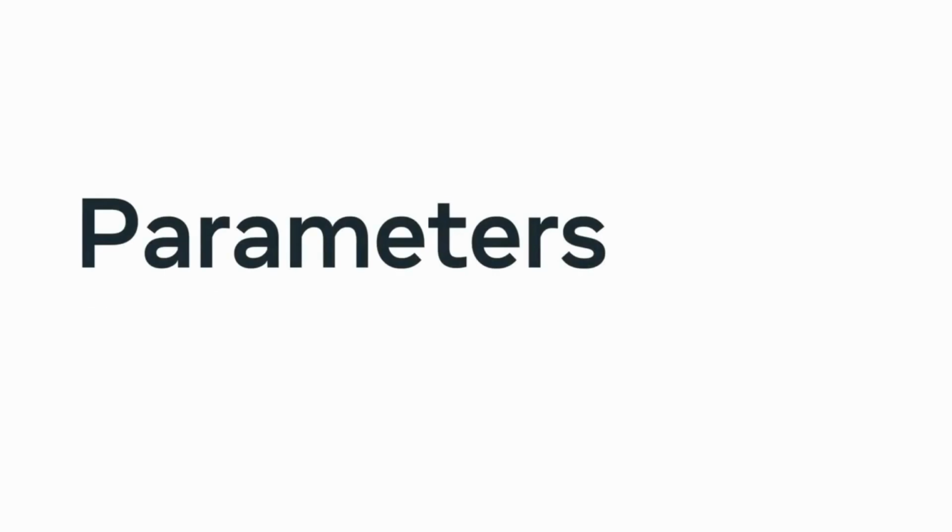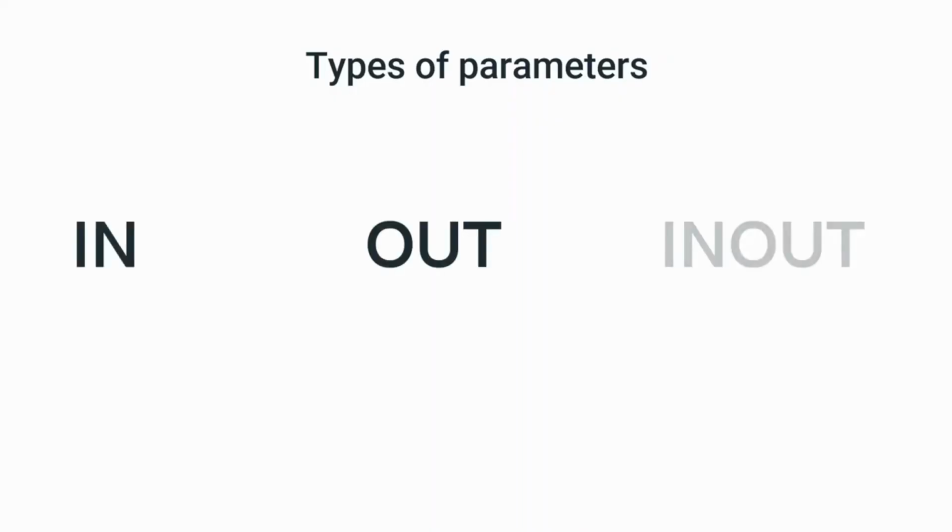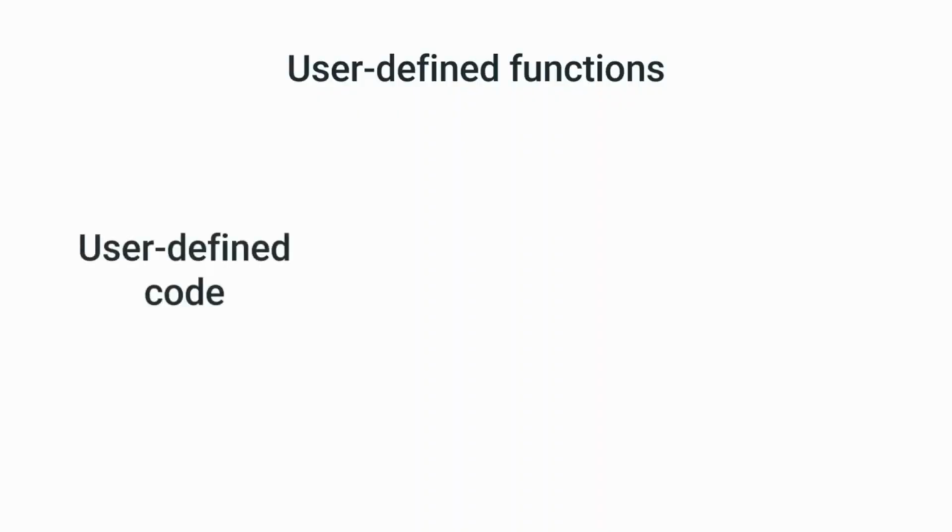You learned that a parameter is used to pass arguments or values to a function or procedure from the outside, and that there are 3 different types of parameters that can be declared in stored procedures: in, out, and in-out parameters. You also learned how to develop user-defined functions for when MySQL's built-in functions don't meet the needs of your project. A database engineer creates their own code. The code carries out a specific function, and the function then returns the required result.